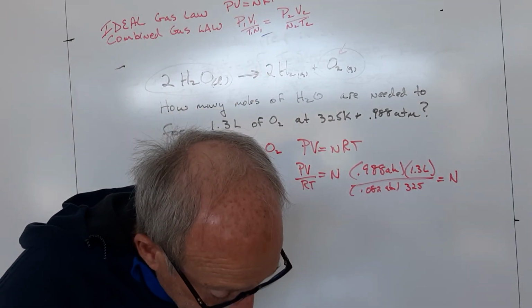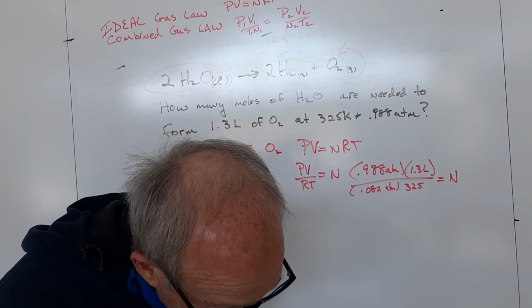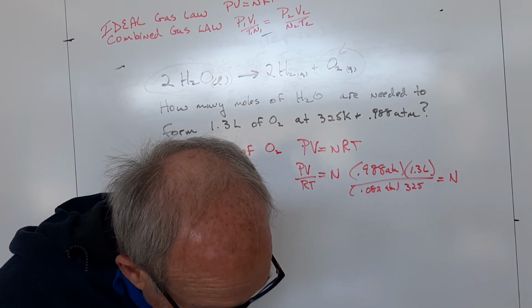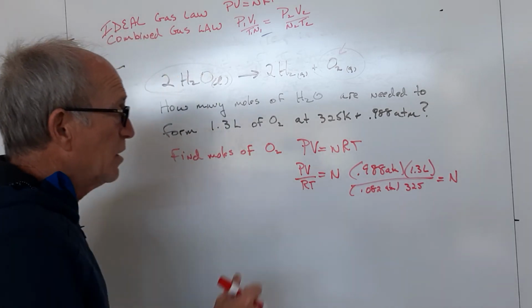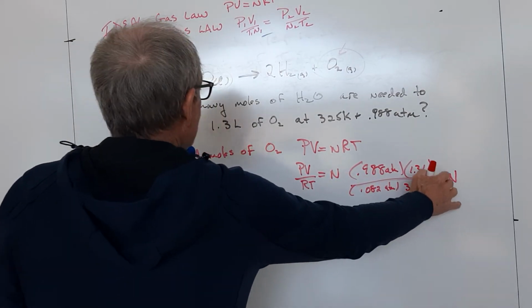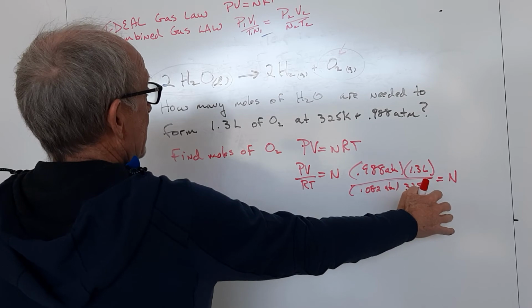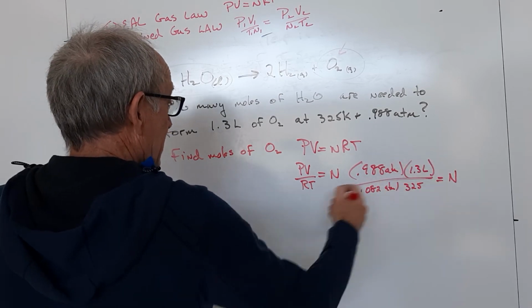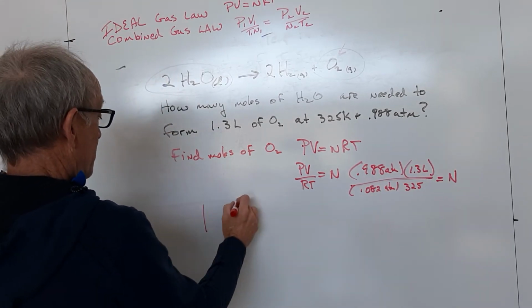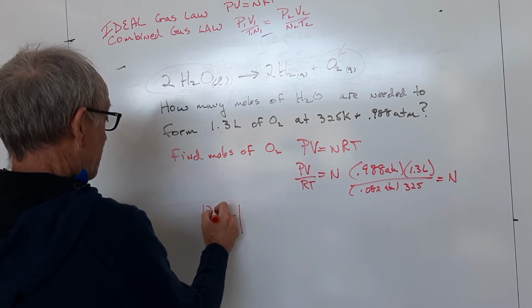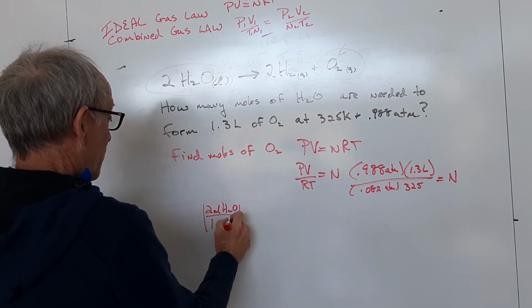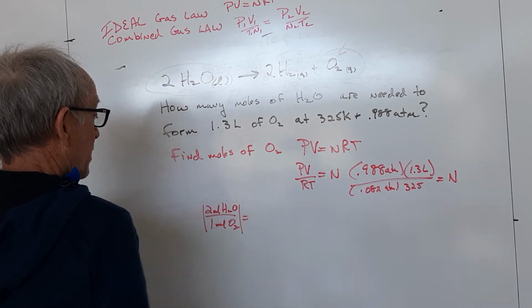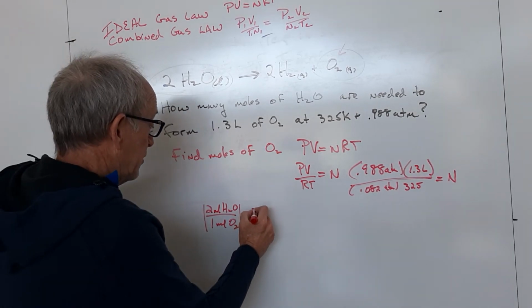Unfortunately, I did not write that down. But once we find what that is, then we can stoich that and say whatever n is, we can say 2 moles of H2O for every 1 mole of O2, and that will give me my moles of H2O.